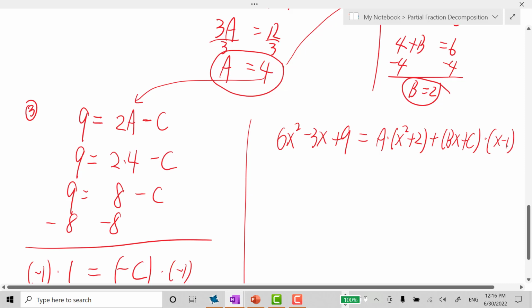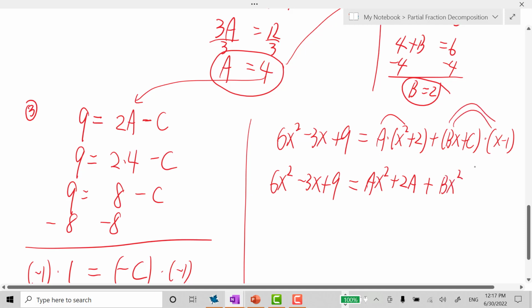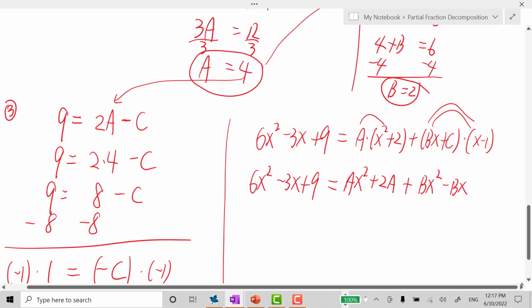Now we're expanding the right-hand side. Distributing, we get ax squared plus 2a, plus bx times x is bx squared, bx times -1 is minus bx, and c times x is cx, c times -1 is minus c.